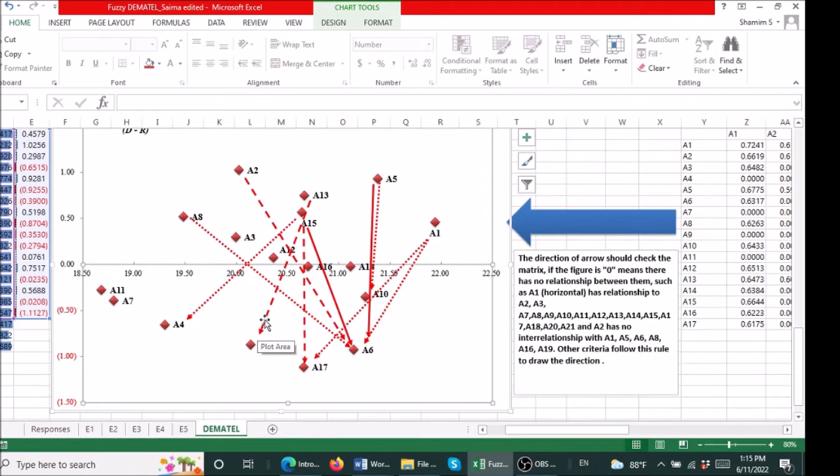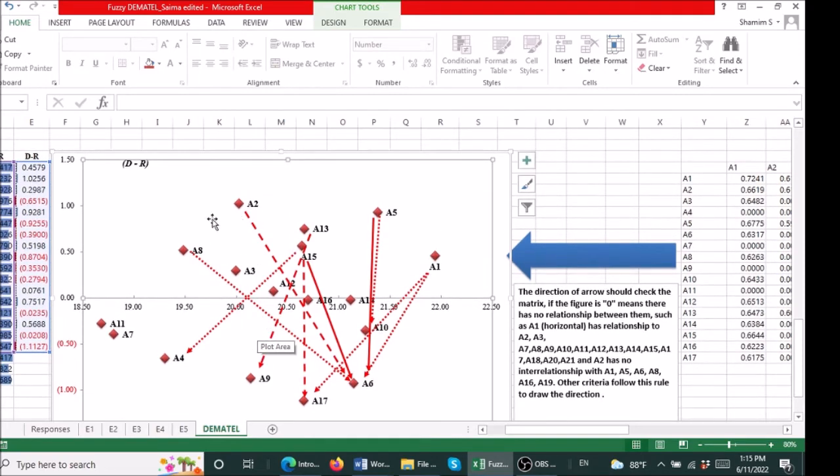So managers need to focus on these causal factors, means they are causing, they are critical factors, they are influential factors that are influencing other factors to happen. So that's why identifying these critical factors is very important.